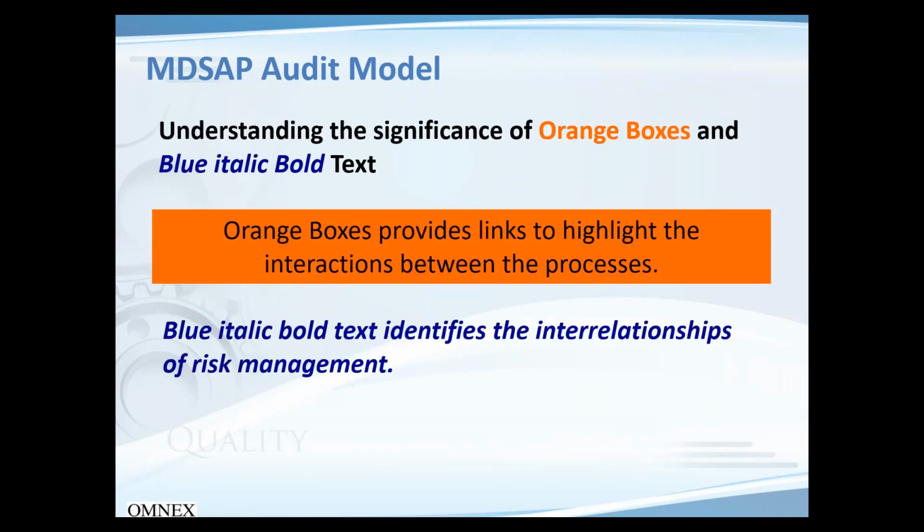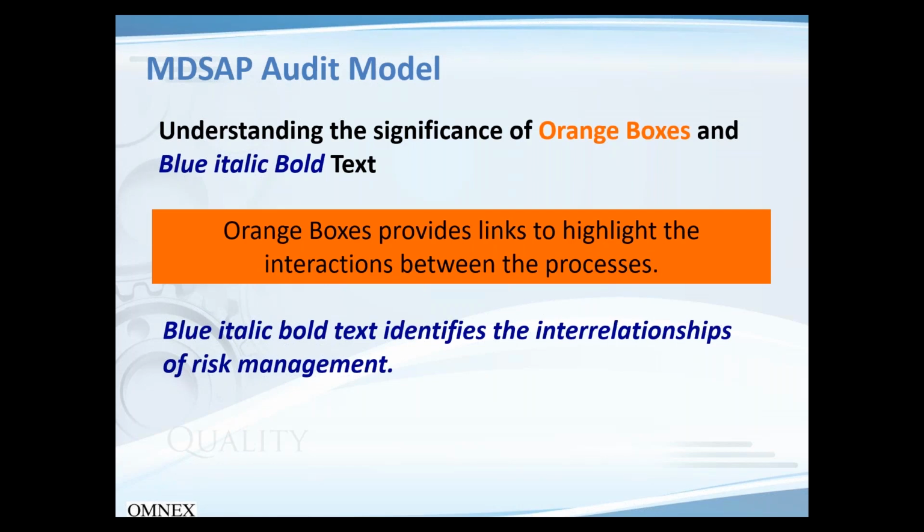When we look at the MDSAP audit model, we can see that there are some orange boxes, and some requirements are stated in blue, italic, bold text. They are giving us a couple of clues. The orange box tells us where, in other processes, this particular task has linkages or interactions.